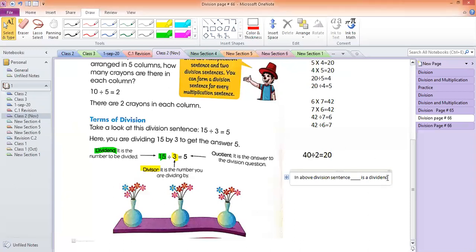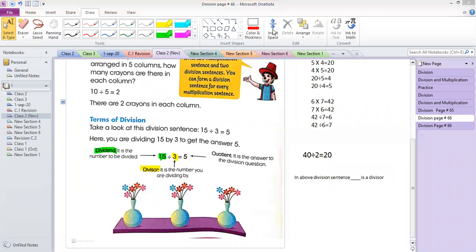Now in the above division sentence, dash is a divisor. Dash is a divisor. Ahmad Yusuf.